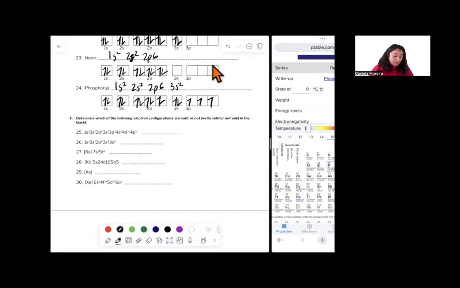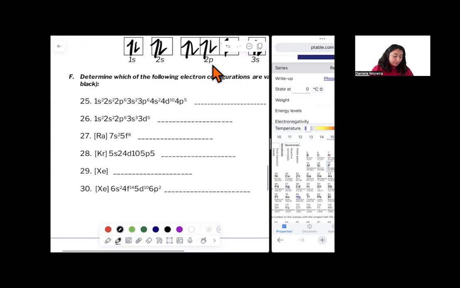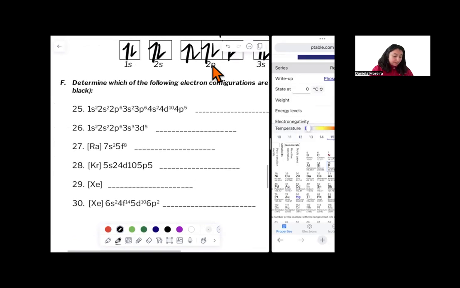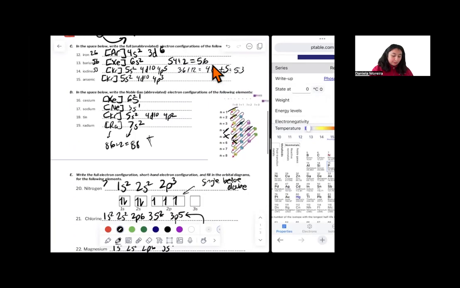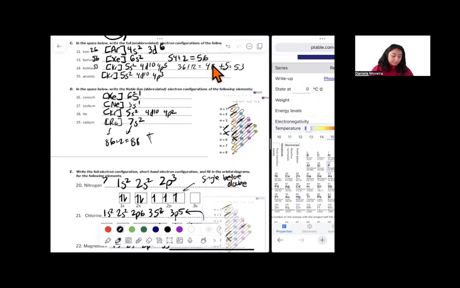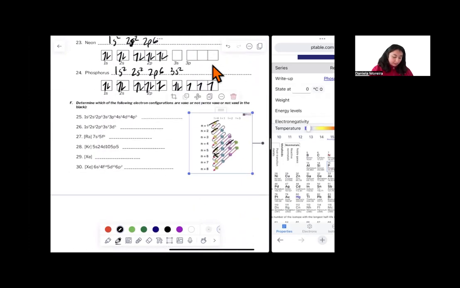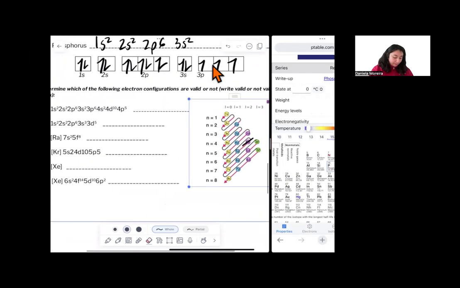Determine which of the electron configurations are not valid. All right, let's look carefully. Let's see if the energy levels are being ordered accurately. For 25, let's check the order. 1s2, that's correct. 2s2, correct. 2p6, correct. 3s2, 3p6, 4s2.